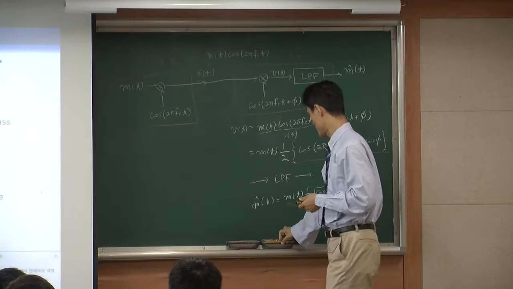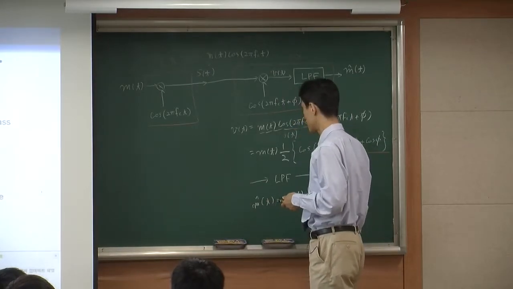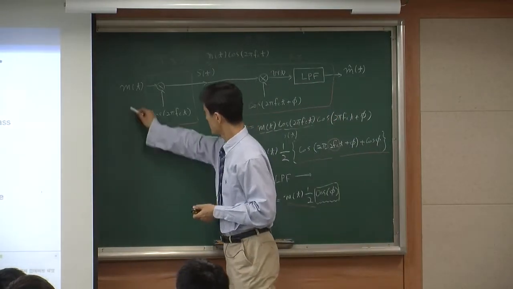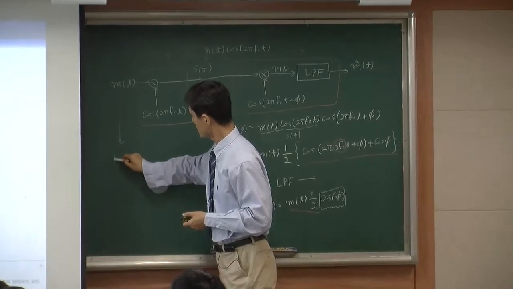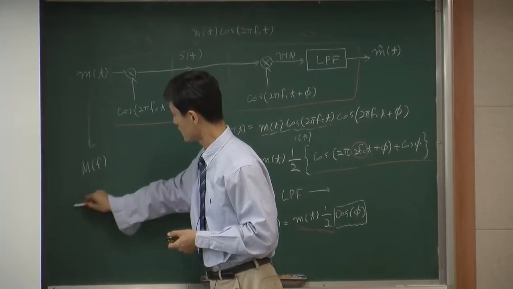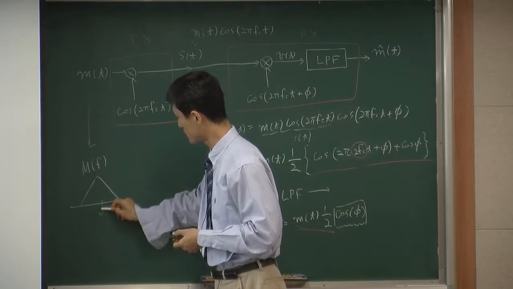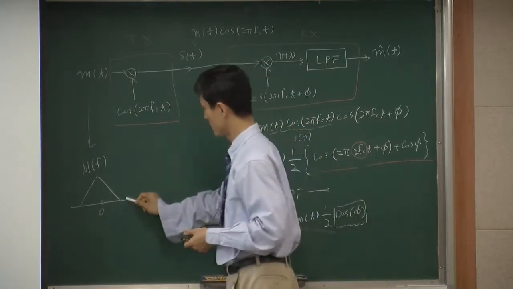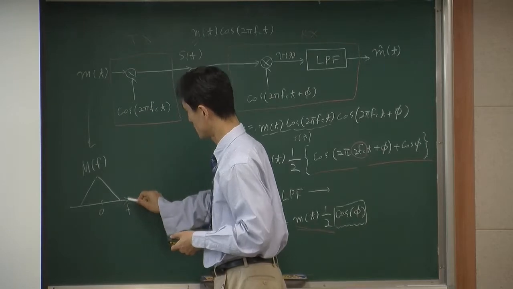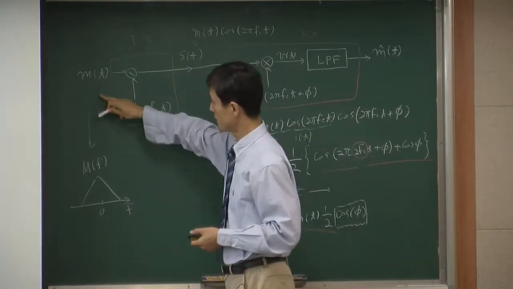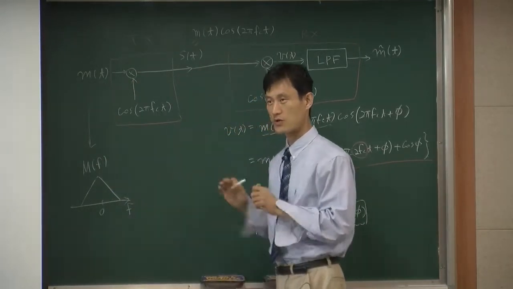So just to help you, let me draw the frequency domain. This m(t), let's say when you look at this original signal in frequency domain, suppose that this is our original message in frequency domain. This is our m(t) in time domain, and this is the frequency domain. So this is our original message.